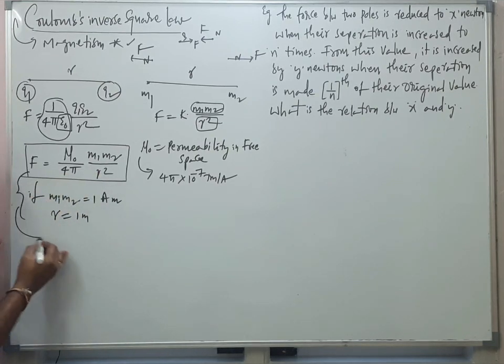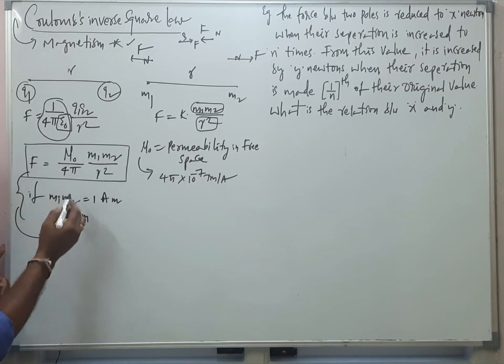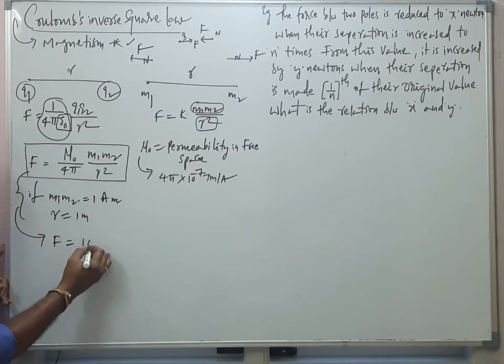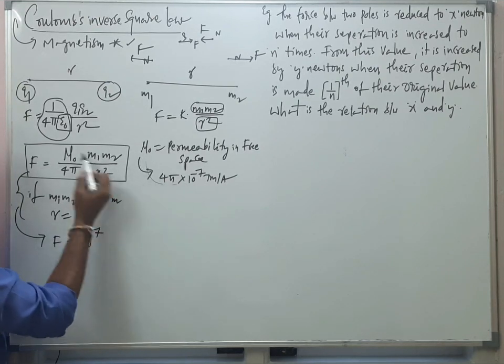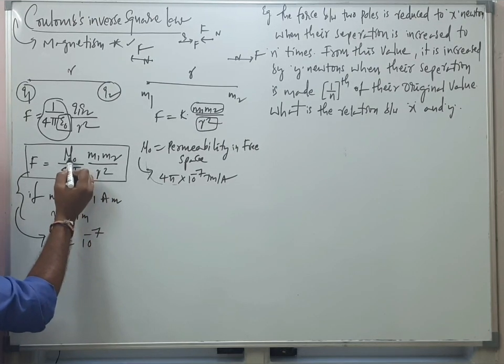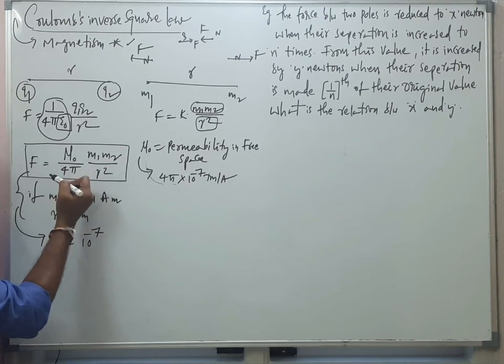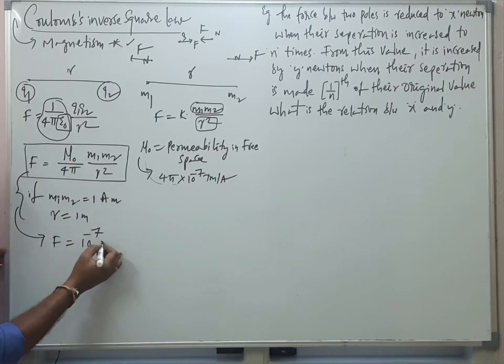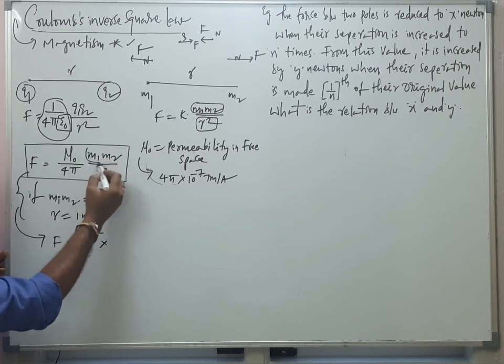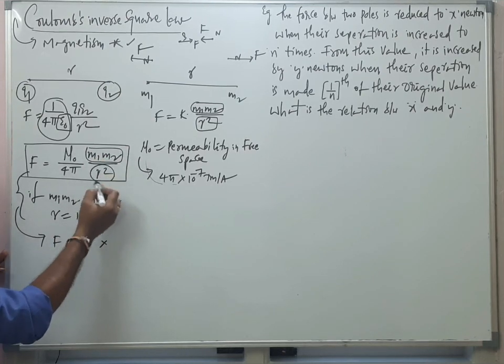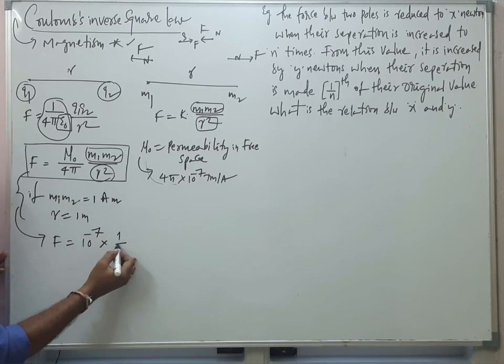F is equal to mu naught by 4 pi, which is 10 raised to minus 7. Mu naught value is 4 pi into 10 raised to minus 7, the 4 pi gets cancelled, and M1 M2 is 1 and R square is also 1.